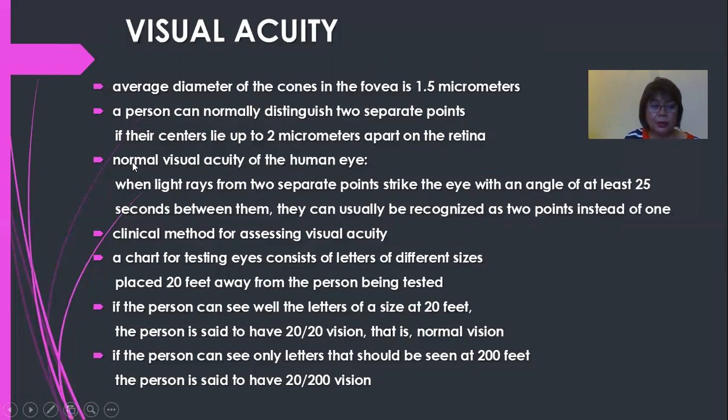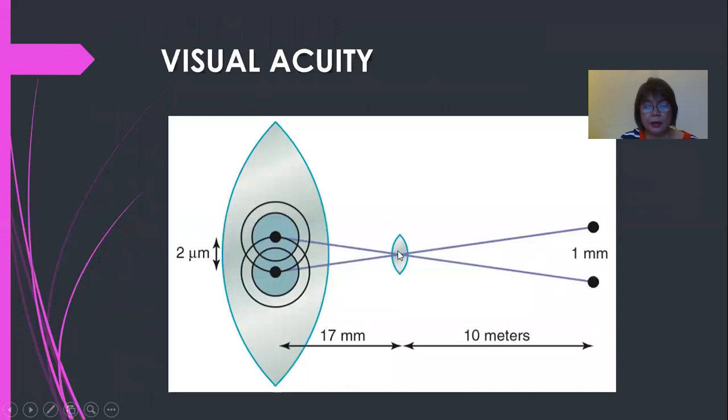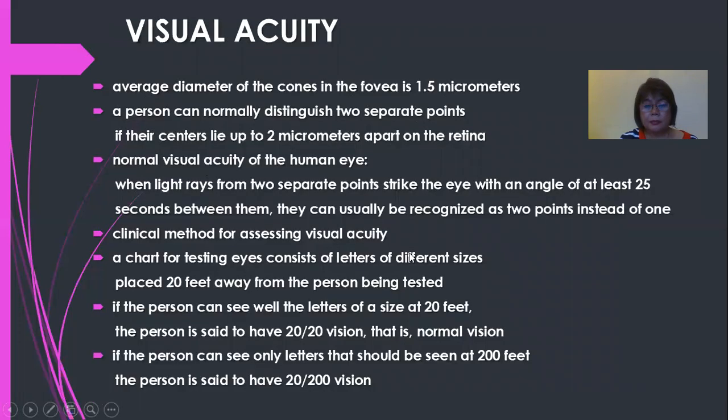Normal visual acuity of the human eye is also when light rays from two separate points strike the eye with an angle of at least 25 seconds between them. They can usually be recognized as 2 points instead of one.